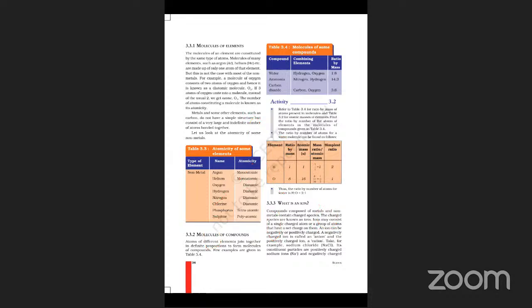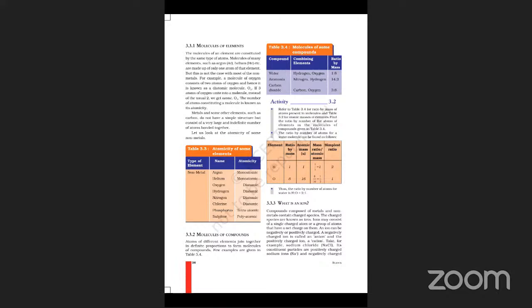Will only noble gases have atomicity one? Yes, as noble gases or inert gases already have their shells of octet or duplet, so they are not taking part in any chemical reactions.